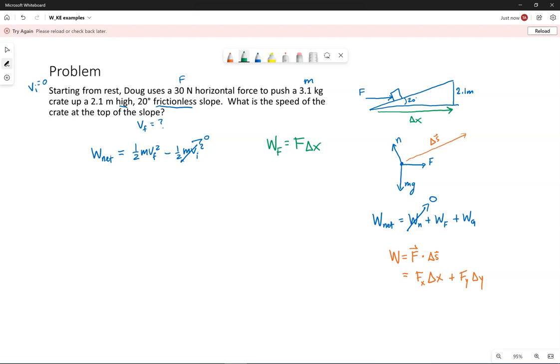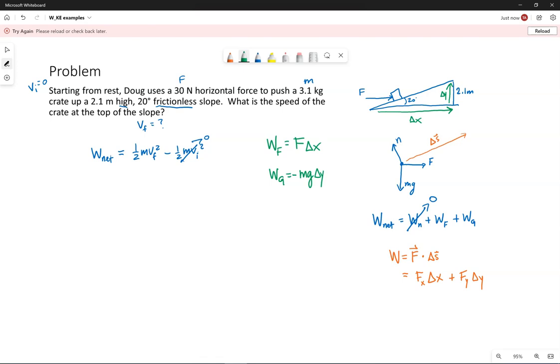For gravity, the work done by gravity, well, mg is downwards. All I care about in terms of gravity is the delta y. Because gravity is opposite that vertical motion, I will have the force of gravity doing negative work.